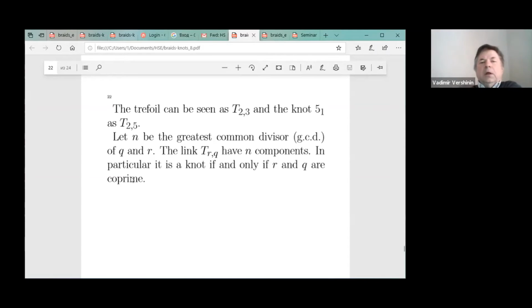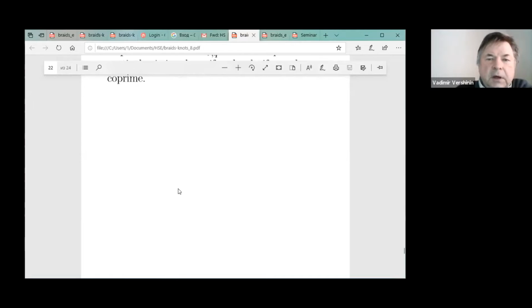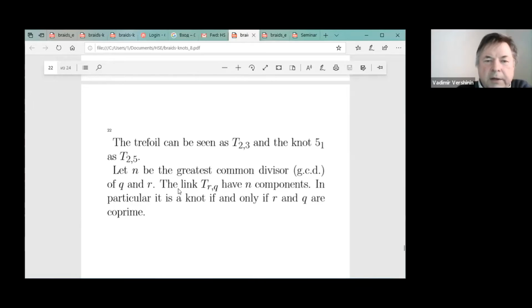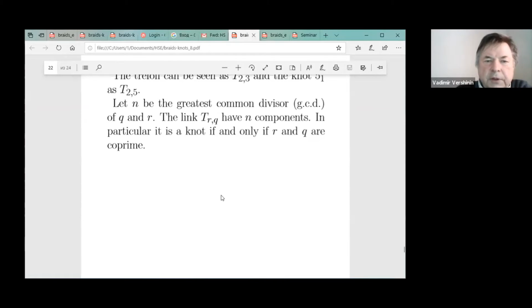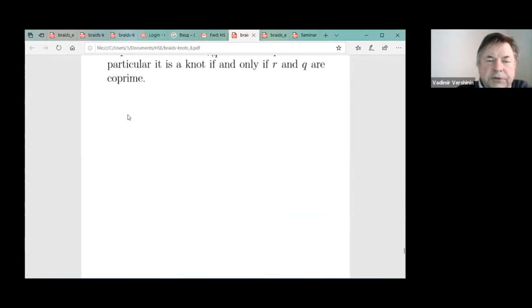In particular, if the greatest common divisor is equal to 1, then you have a knot. In this case, you can make the following construction. The construction of the torus is that you consider R2, the plane.